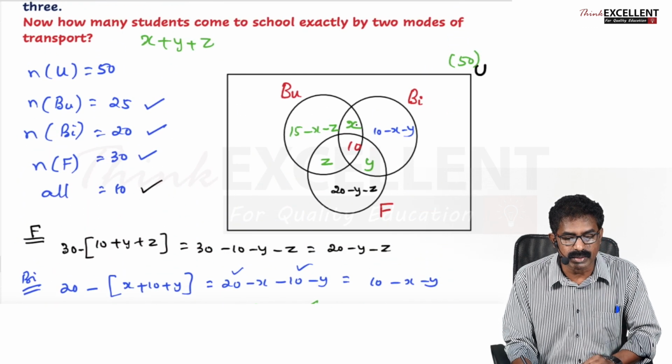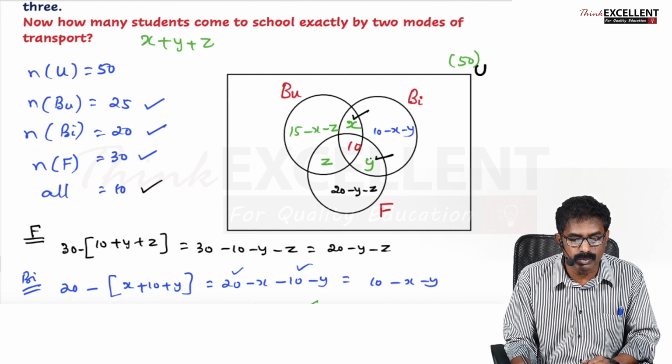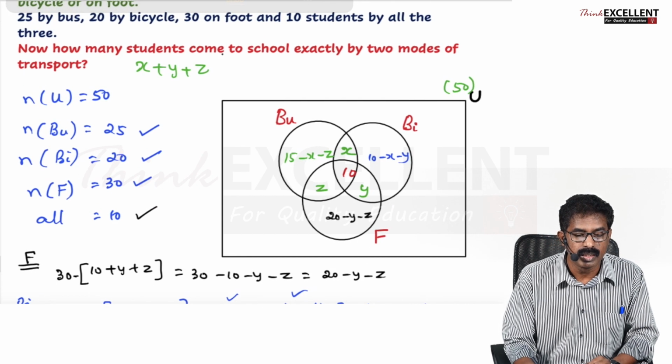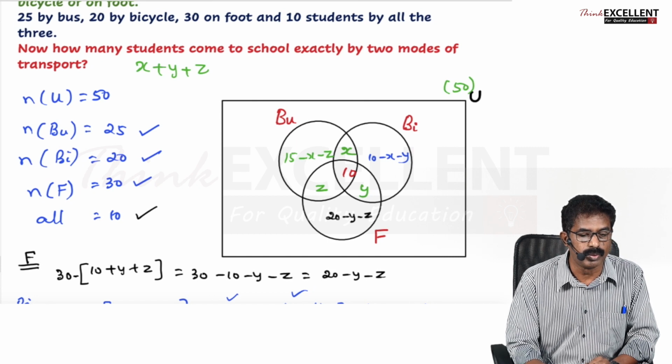X plus y plus z, exactly 2. That only they asked. See what they asked here. How many students come to school exactly by 2 modes of transport, right?